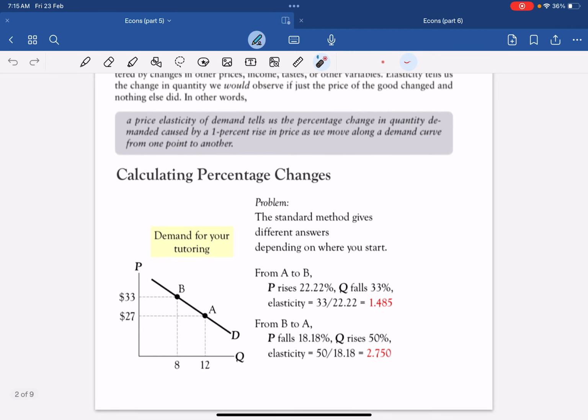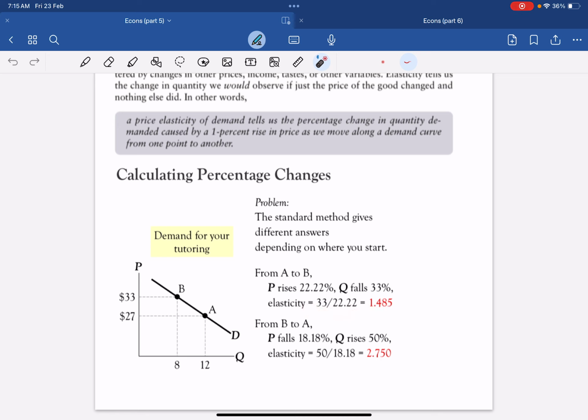One thing to note, let's take an example to see. If you have a change in price from A to B, then your price rises by 22.22%, but your quantity falls by 33%. So your elasticity is 1.485.